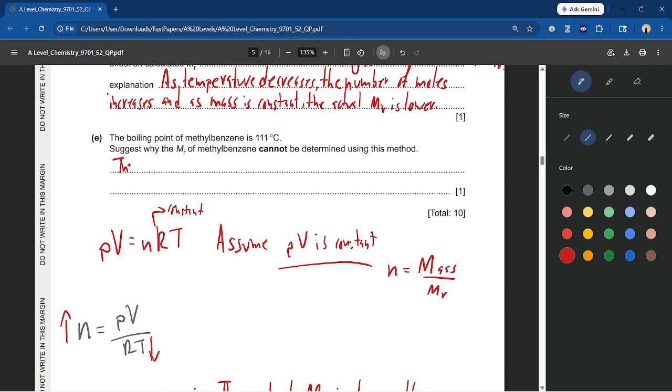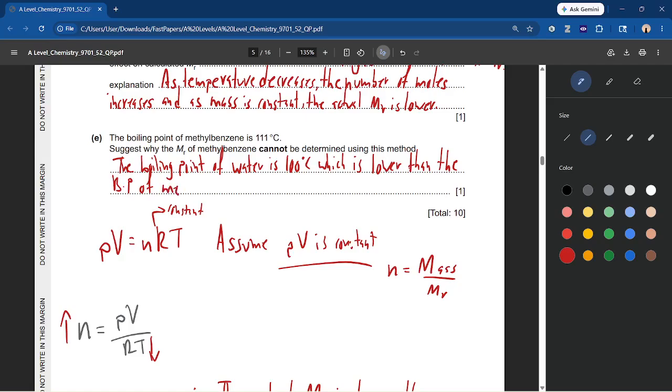The boiling point of water is 100 degrees Celsius, which is lower than the BP. I'm writing BP here; you guys write boiling point in the exam.